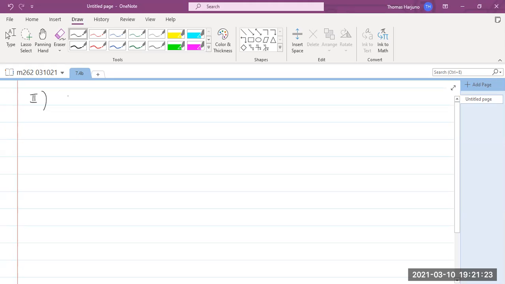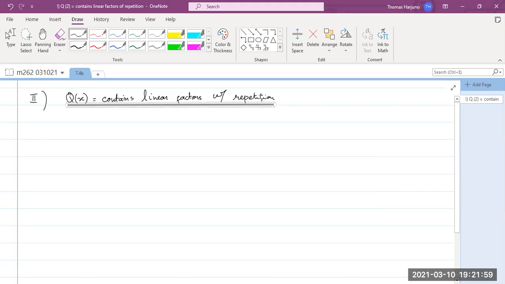Type 2 is the one where Q(x), the denominator of the rational integrand, contains linear factors with repetition. For example, let's see number 19.